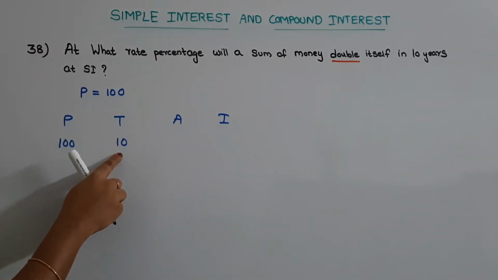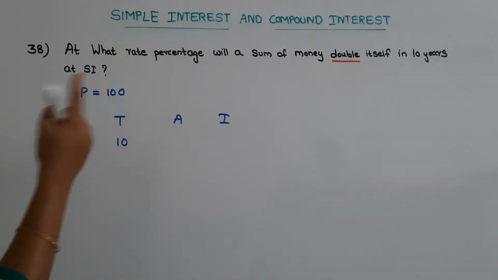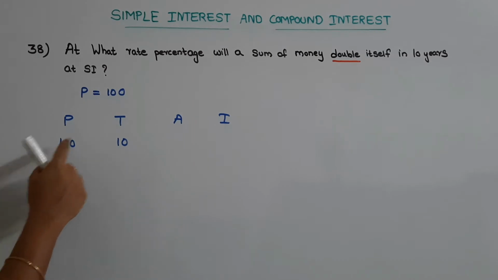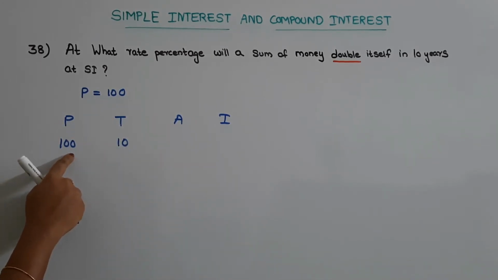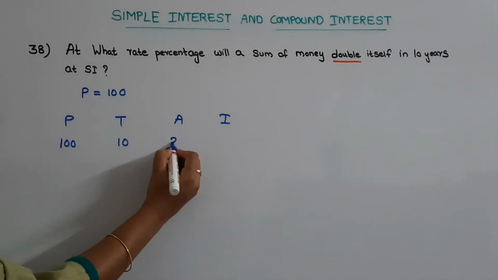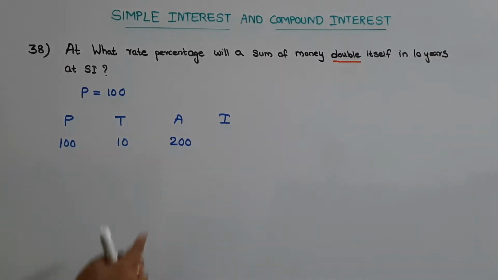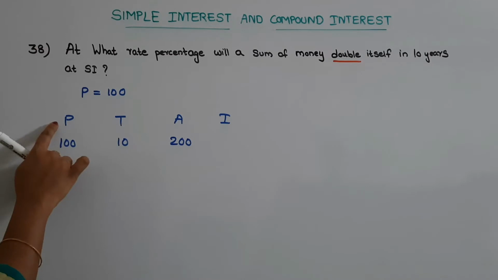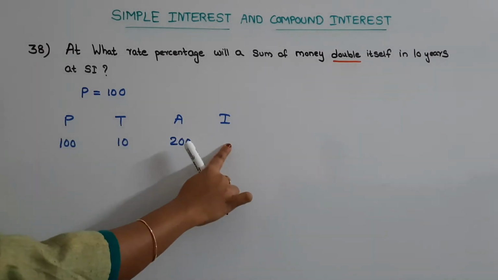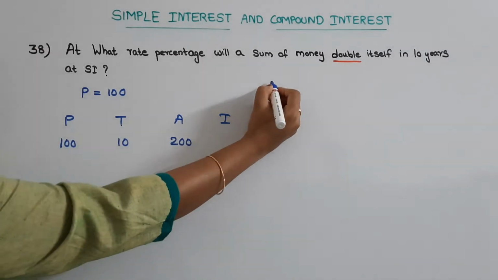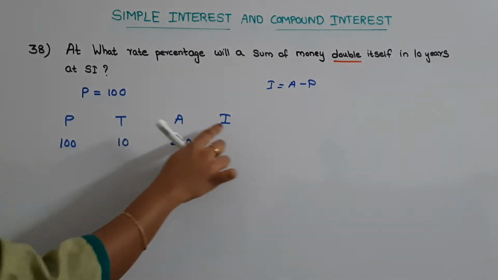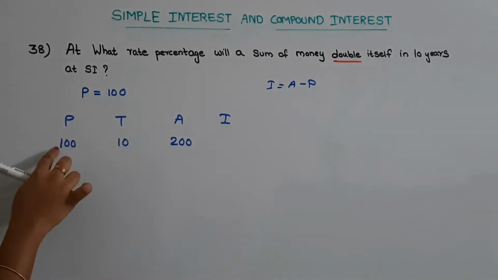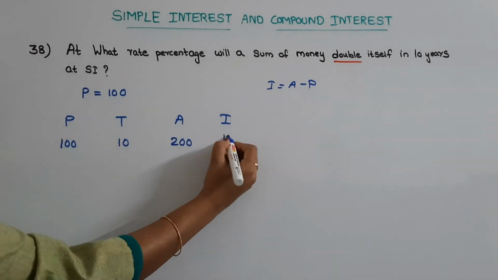In 10 years amount is becoming double that of the principal, or we can write amount as 2 times that of principal, that is 2 into 100. So amount is 200. Now if amount is 200, principal is 100, what will be the interest? Interest is equal to amount minus principal. So interest will be equal to 200 minus 100, that will be equal to 100.